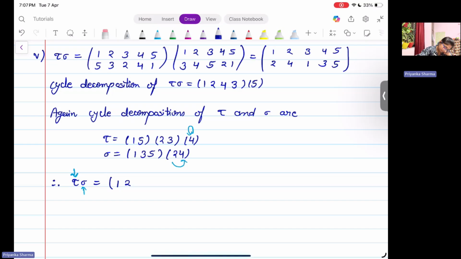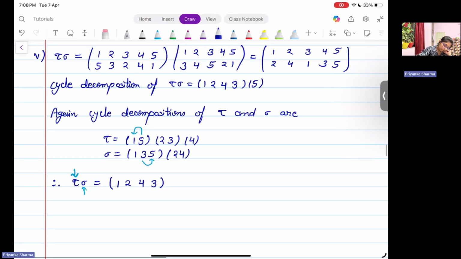So here we will have 4. Now what about 4? 4 goes to 2 and 2 goes to 3. So here we will have 3. Now the image of 3. 3 goes to 5 in sigma, and in tau 5 goes to 1. So the next element will be 1, which is already written here. So the cycle will be completed.